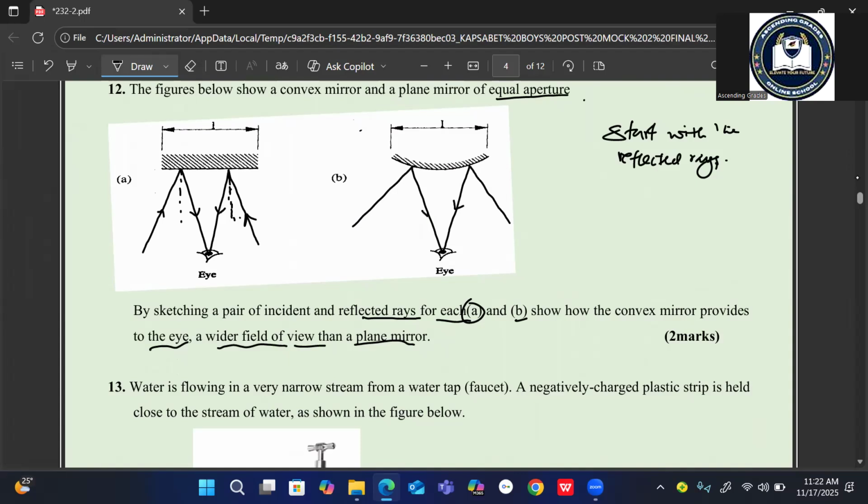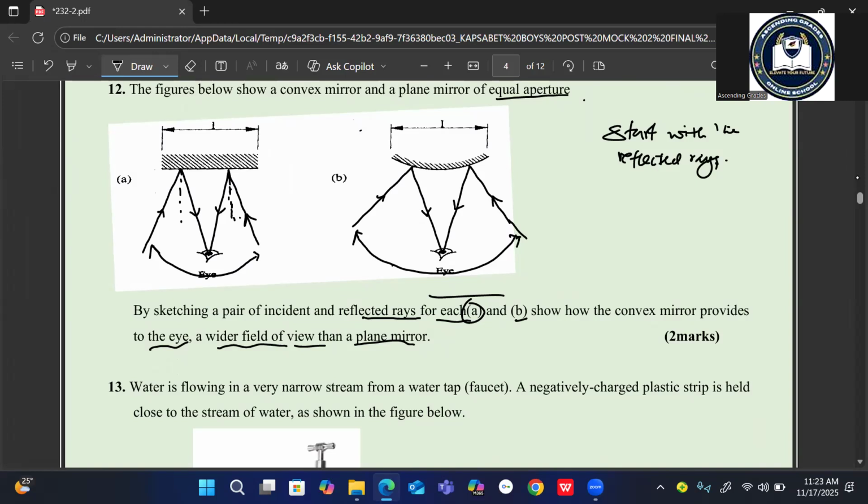So these are the reflected rays. These are the incident rays. You'll find that this is now the field of view compared to this one. So you'll find that this one is larger. So the one for the convex mirror is larger.